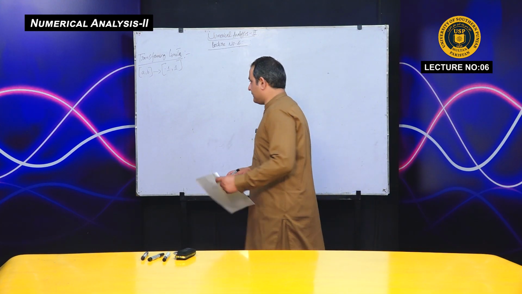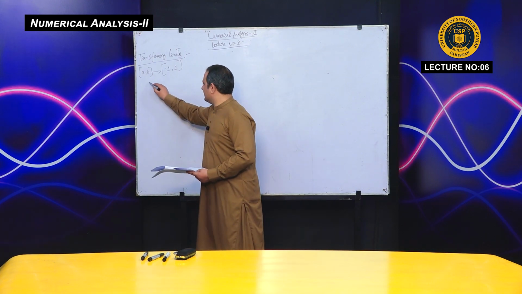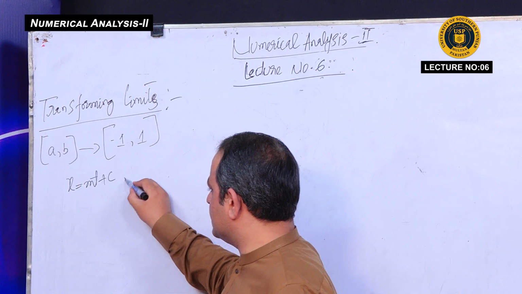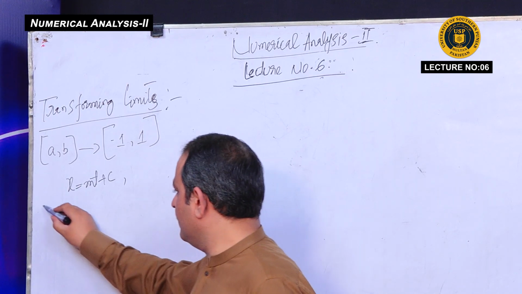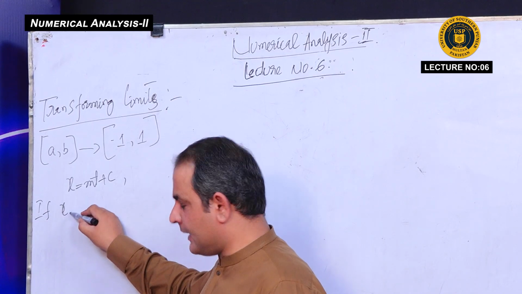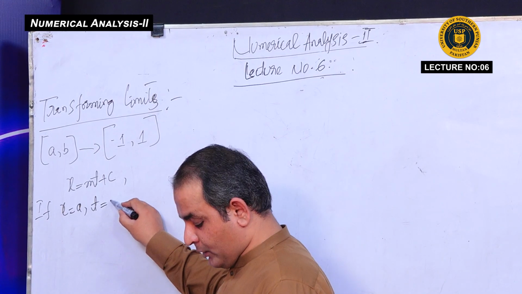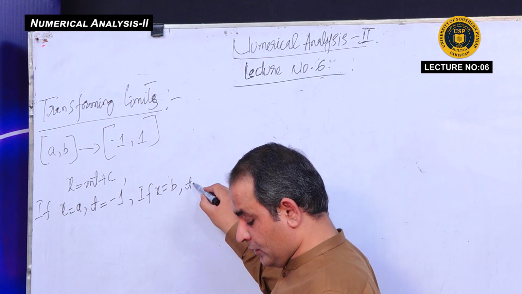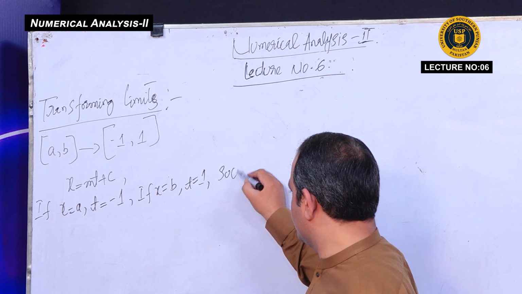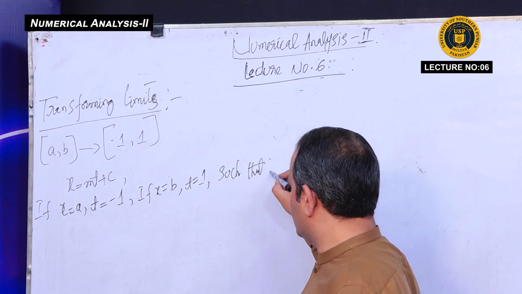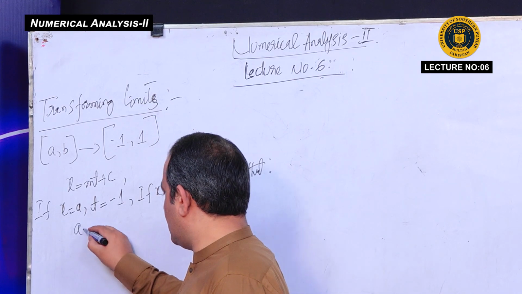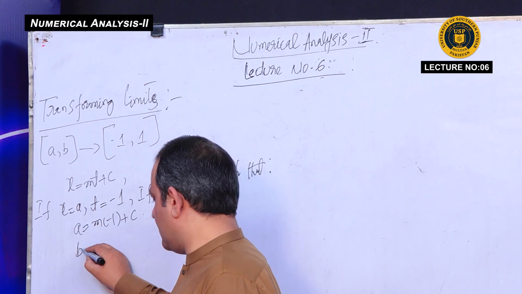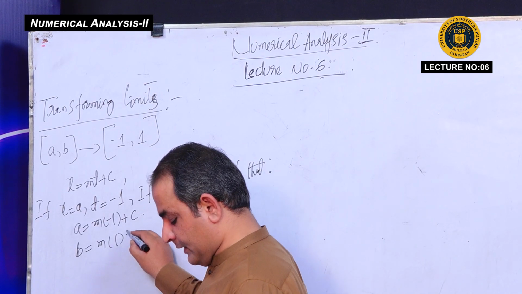Consider a linear transformation: x equals mt plus c. If x equals a, t equals -1, and if x equals b, t equals 1, such that a equals m into -1 plus c, and b equals m into 1 plus c.